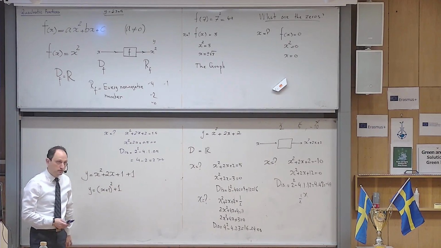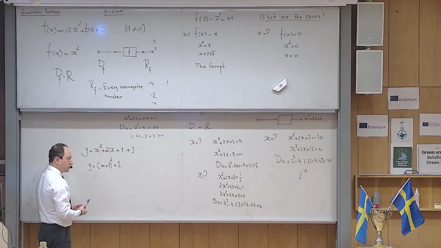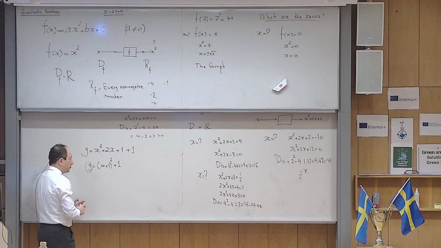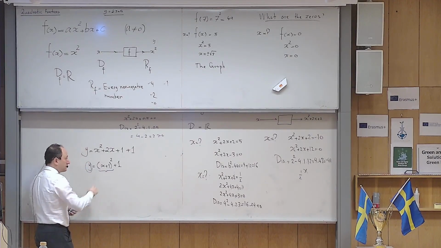Yes or no? Okay. But look, when I ask what the range is, I am asking about all possible values of y. X has infinitely many values, but one thing is clear.